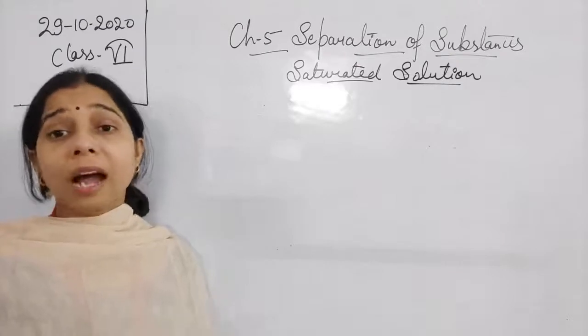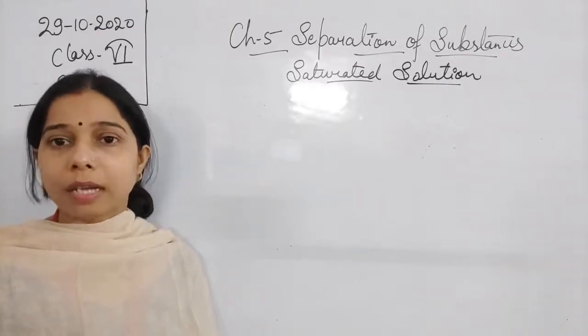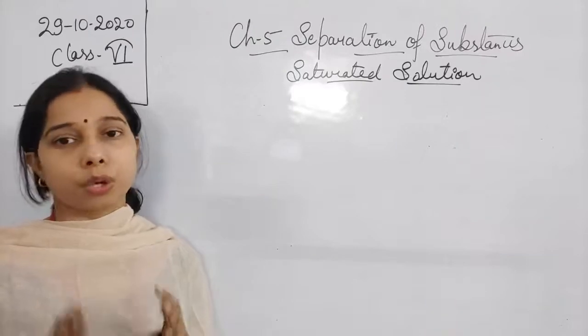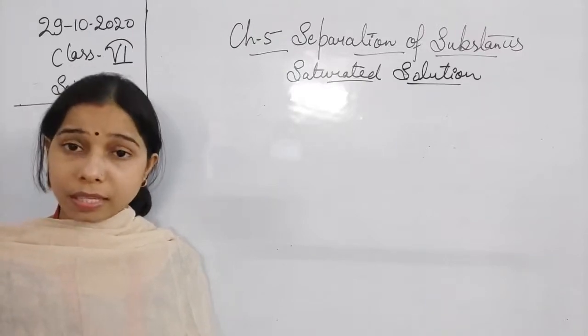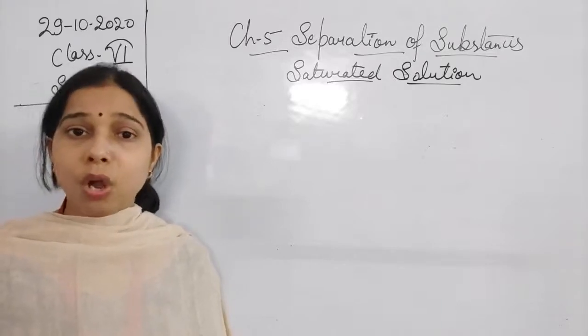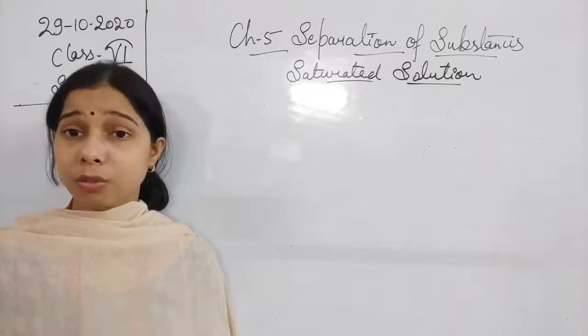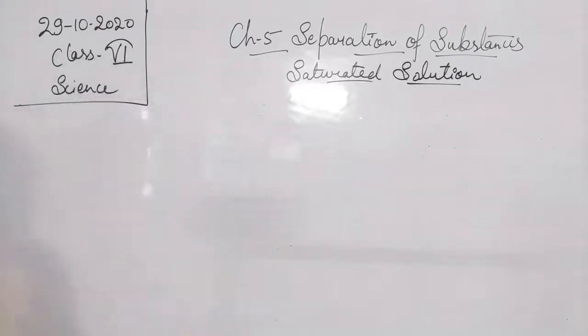Okay, that stage of the solution is known as the saturated solution. So we can say that a saturated solution is a solution in which no more solute can be added. That is known as a saturated solution. So we can write it.